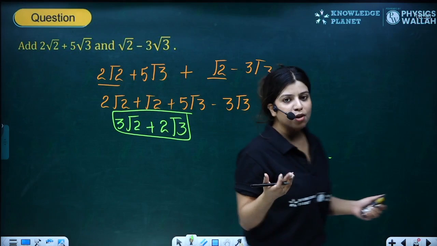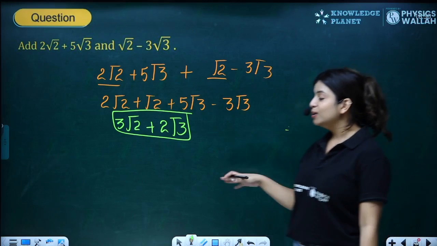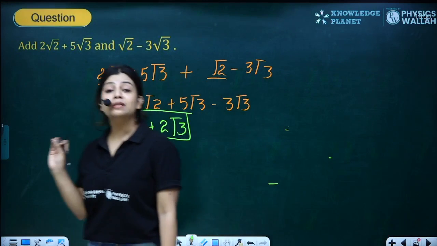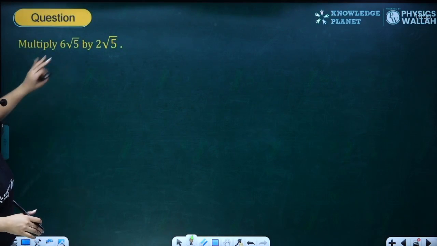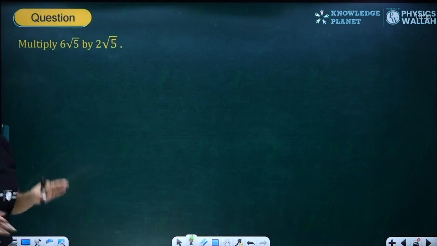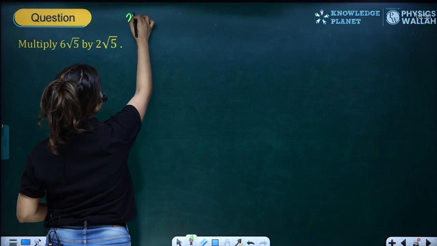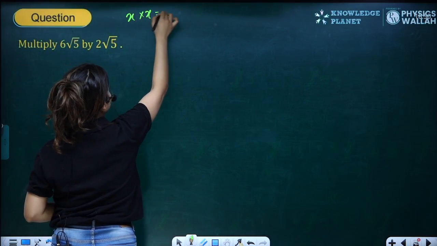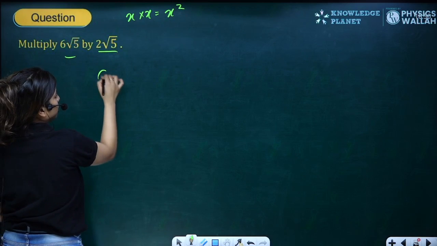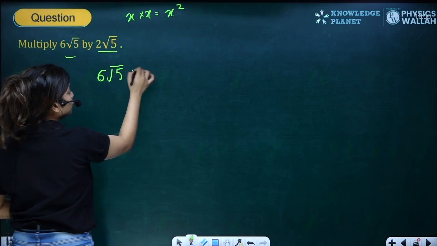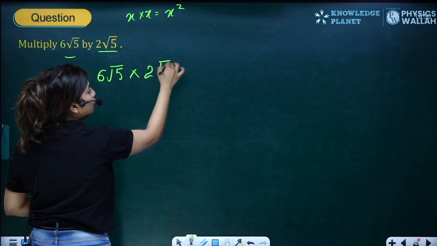You cannot solve it any further because the under roots are different, or you can say the variable part is different. Right? For example, over here we have to multiply 6 root 5 by 2 root 5. Now as we know, x into x gives us x square, right? Same goes for multiplication. 6 root 5 into 2 root 5.